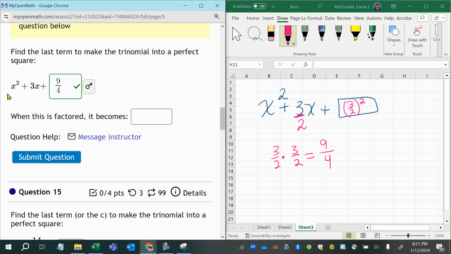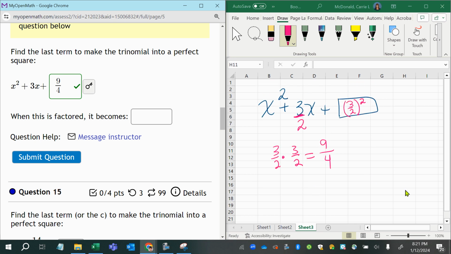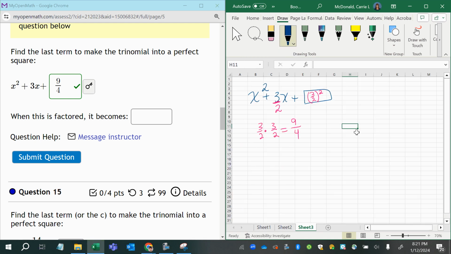And then when this is factored, we're going to take that perfect square trinomial and rewrite it as a binomial quantity squared. So another way of writing it is x plus 3 halves quantity squared. That's it.